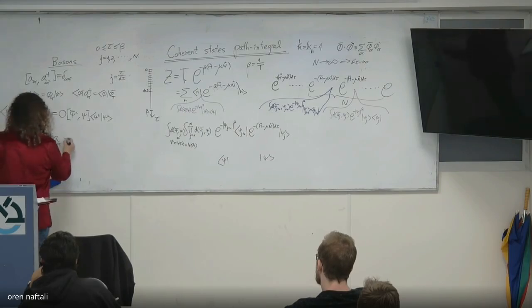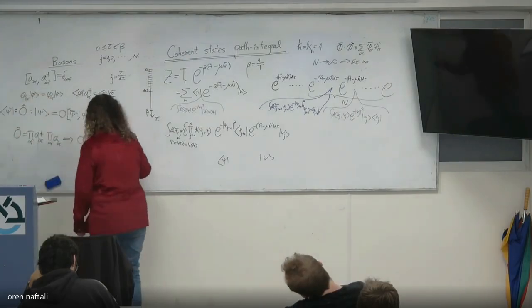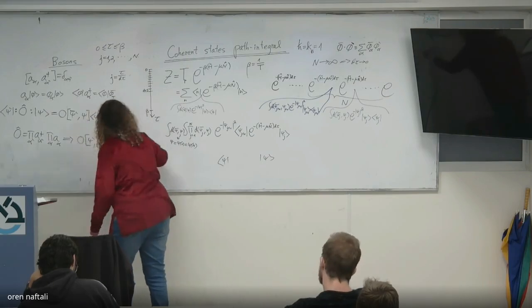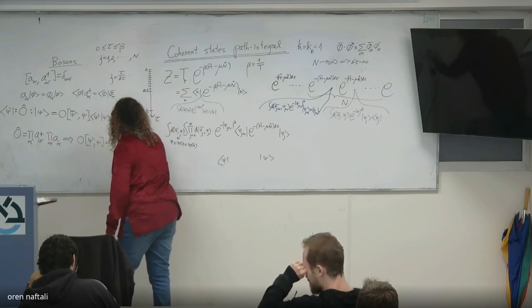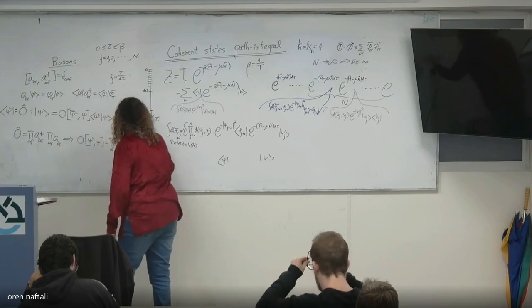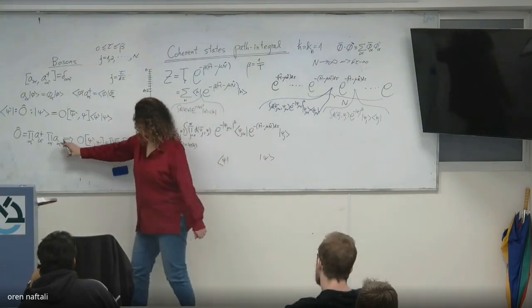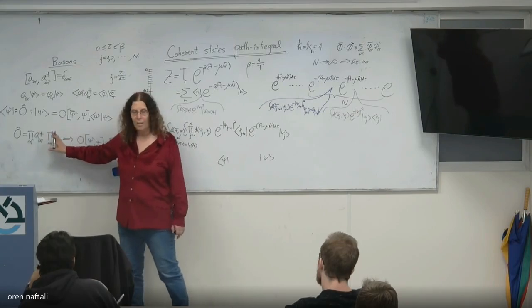Then, if this is O, then what I call O is a product over the alpha primes of psi alpha prime bar, product of alpha of psi alpha.